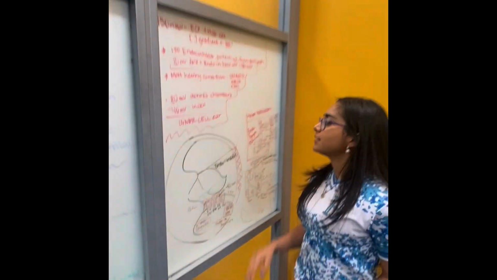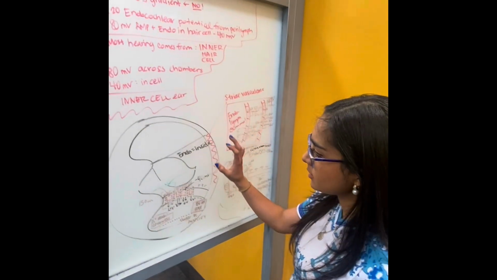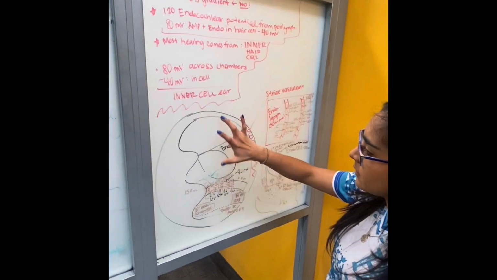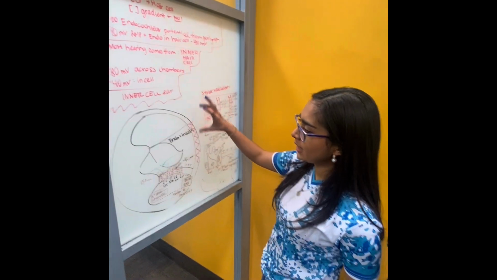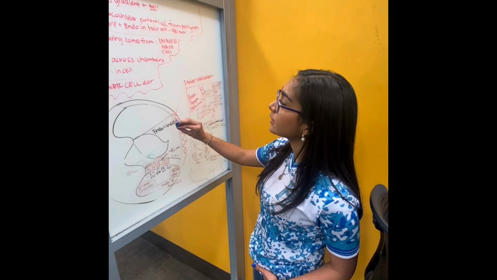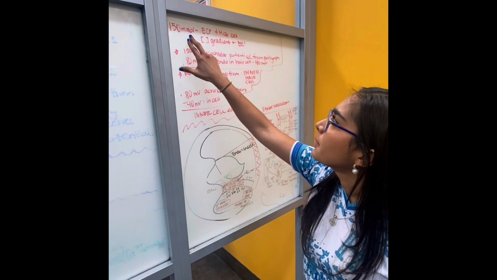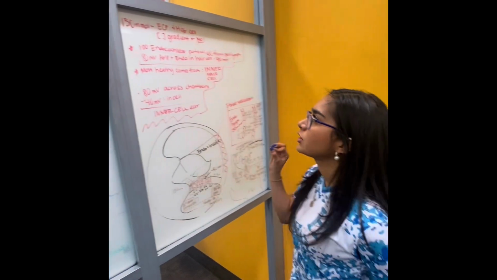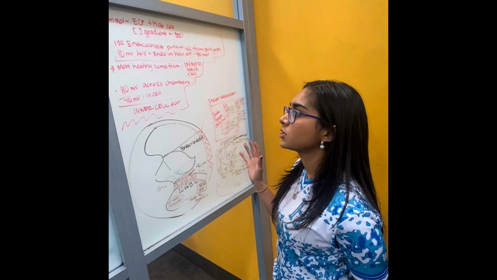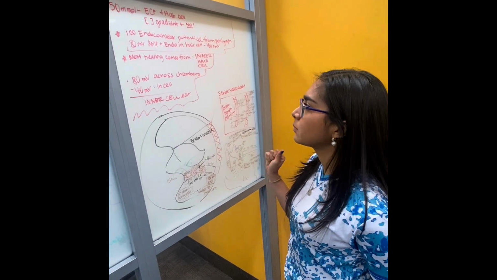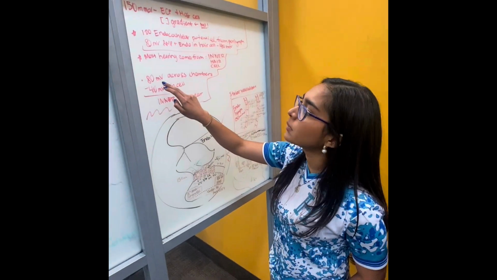Okay, let's talk about what happens in our inner ear and the parts. We have the endolymph and the perilymph. So we already talked about how the perilymph sends fluid into the endolymph, which is more inside. So we have an osmolarity of 150 in our ECF, and we don't really have a concentration gradient here, but there's something very important to know. Across our chambers, our resting membrane potential is 80 millivolts.